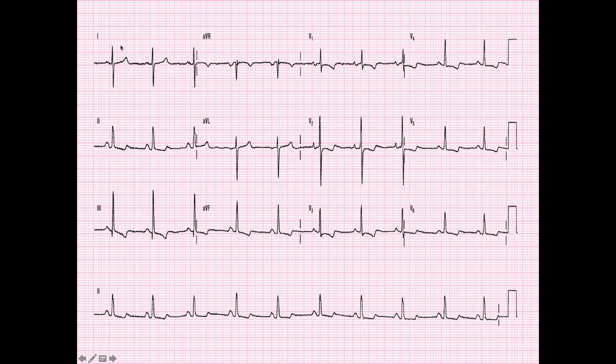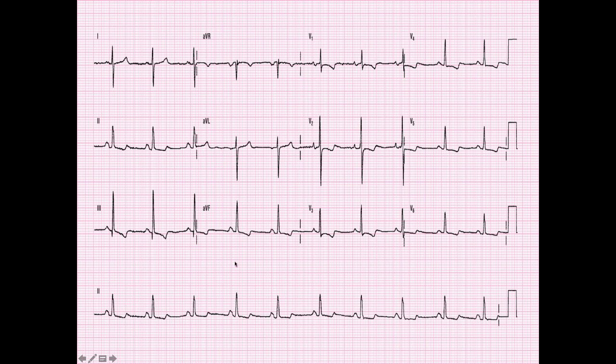Do I have my limb lead criteria? Nope. AVF looks okay. Huh? Is it 5, 10? It's like right at 11. Maybe. Yeah, we might be able to call left ventricular hypertrophy with AVF.